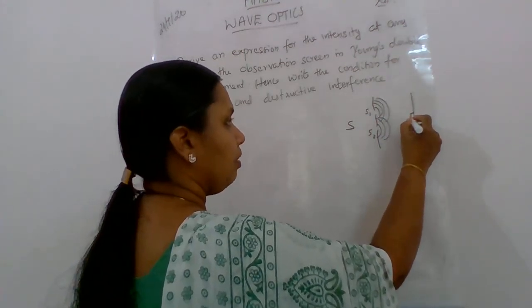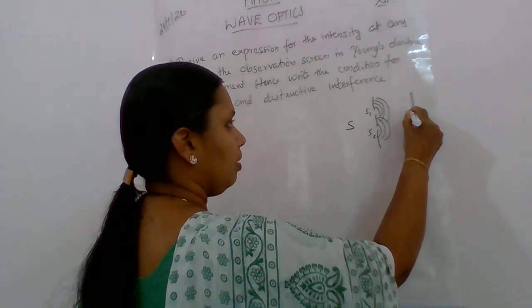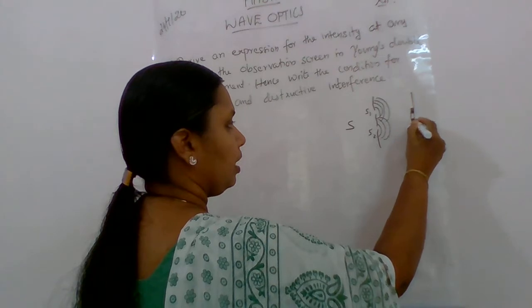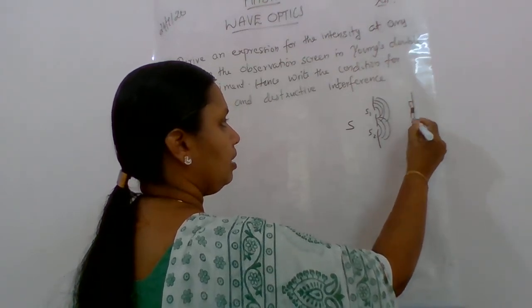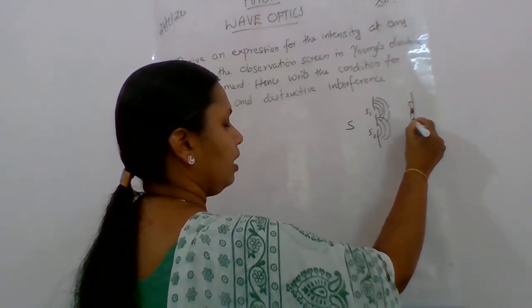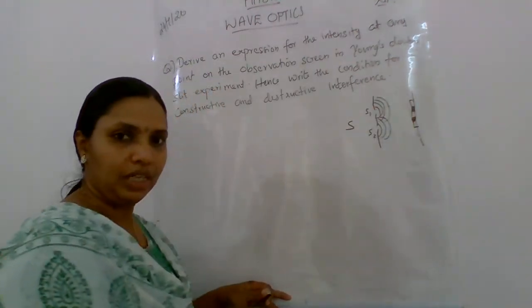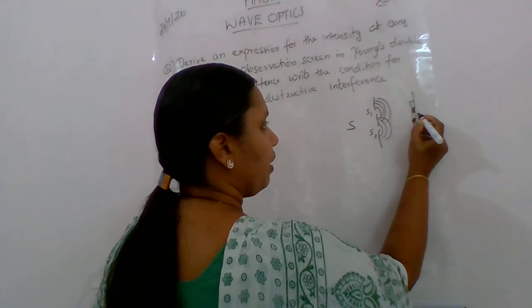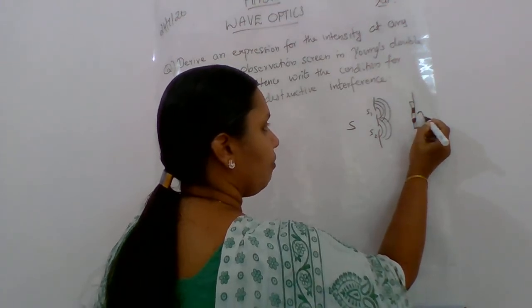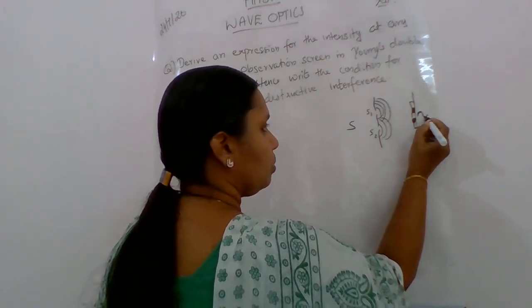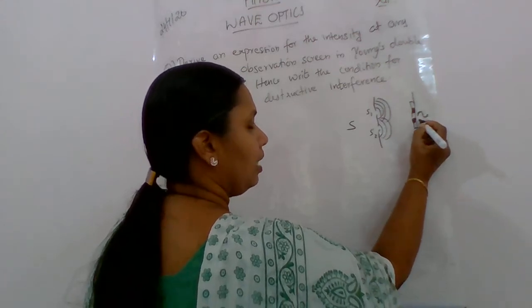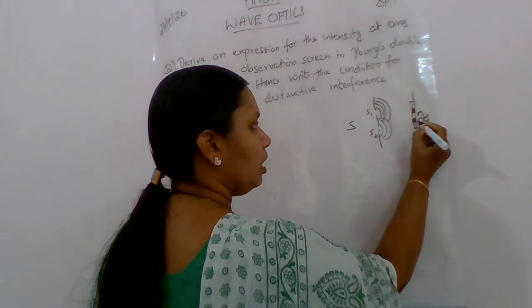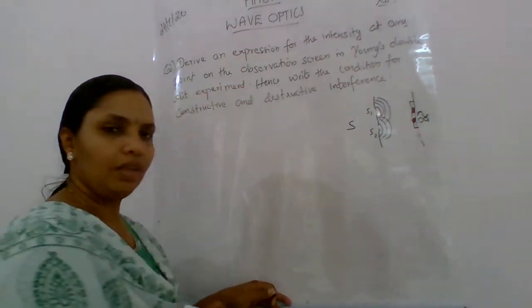On the screen here we are getting the bright region, next to that there is a dark, here also dark, and here bright, like that it continues. How are we getting the bright region here? The crests of the waves and troughs of the waves are superposing, so the intensity increases. And here the crest of one wave and the trough of another wave are superposing, so here it will be dark.